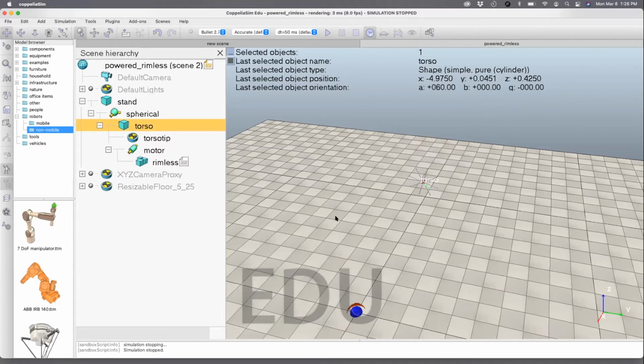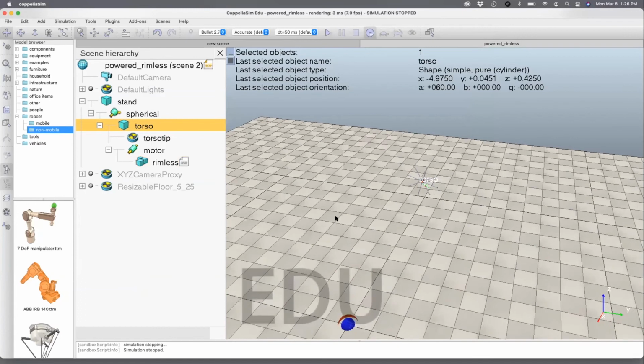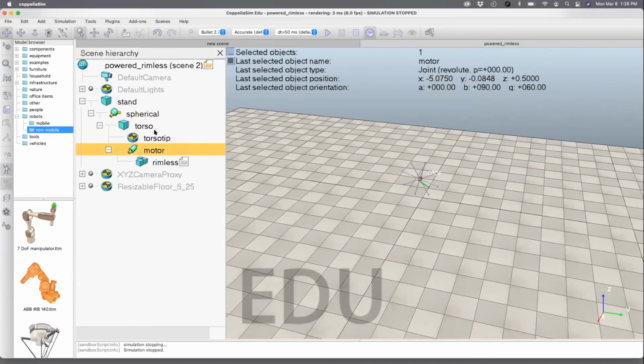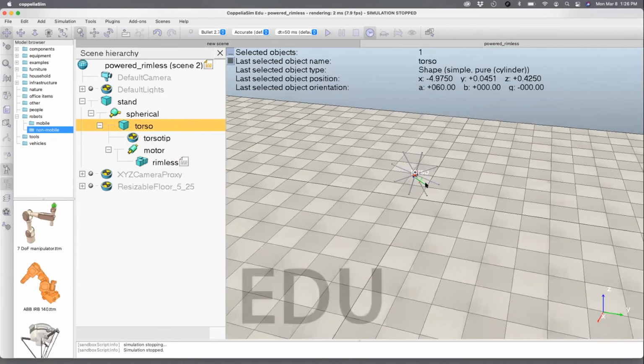So do I have something for the center? I could use the motor. The torso is basically this whole thing. So if I use that, it's going to come with the middle. So let's just use the center of the motor. I think that will work equally well. So let's just do that.